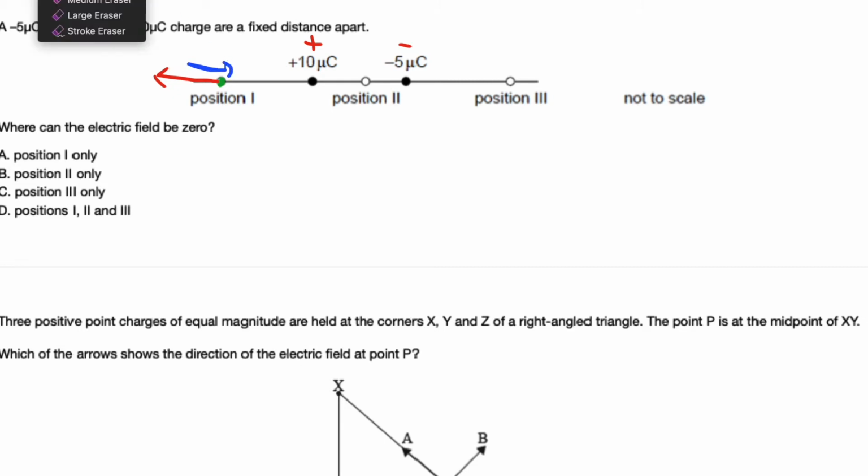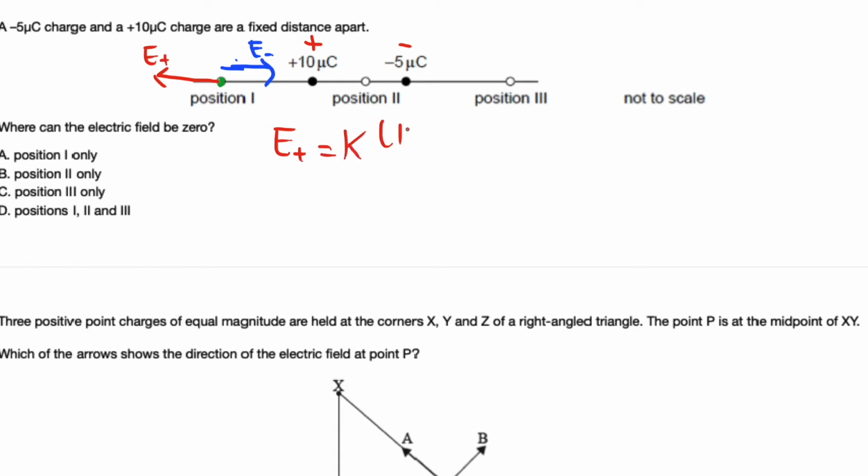It's going to point to the right instead of left. So this is E minus, and this is E plus. So E plus is going to be equal to K times 10 over R plus squared, while E minus is going to be equal to K times 5 over R minus squared.